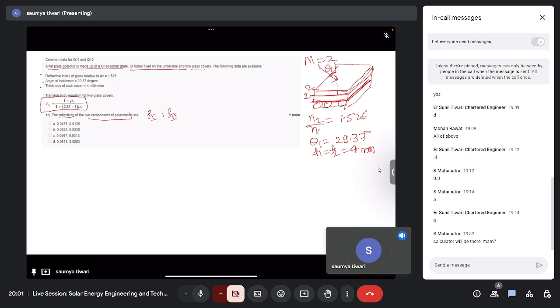So first we know Snell's law, which is n2 by n1 equal to sine theta 1 by sine theta 2.